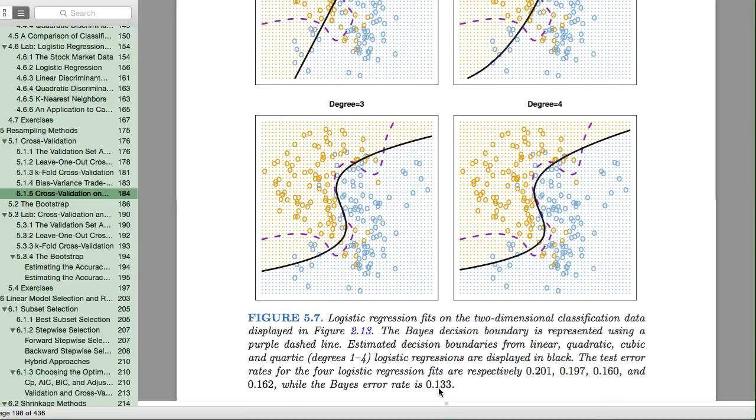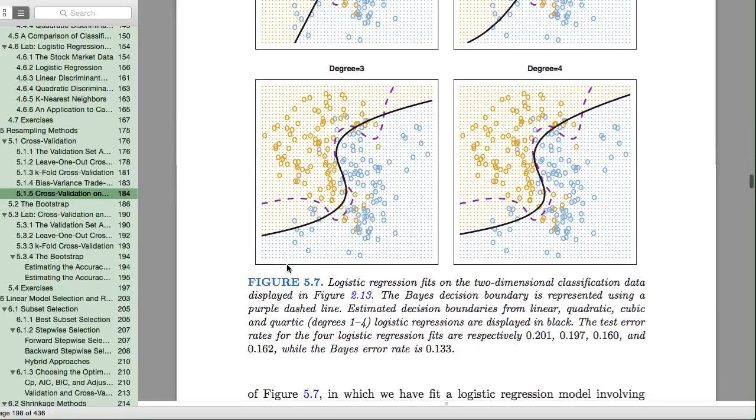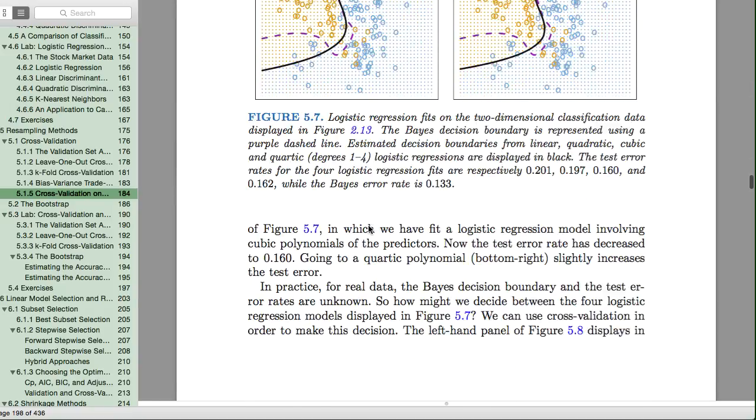You can see the Bayes error rate is 0.133, and for these two, which is counterintuitive to me, this is the lowest, and this at 0.160 and 0.162. If you look closely at the observations on the boundary here, this looks better. This definitely looks better just on inspection of this sample, but the reality is that this is better.